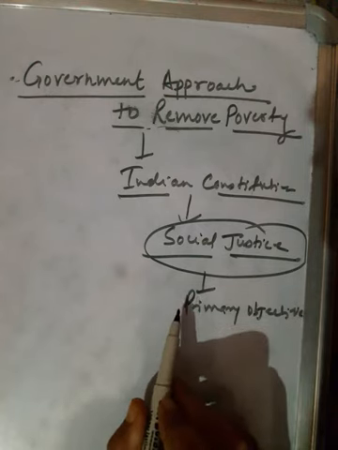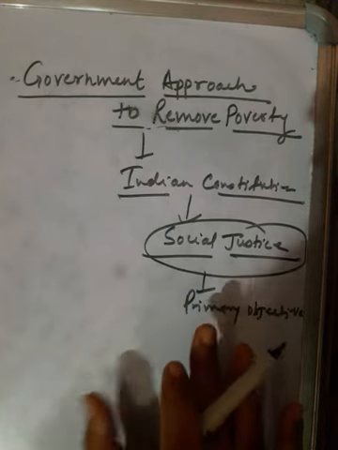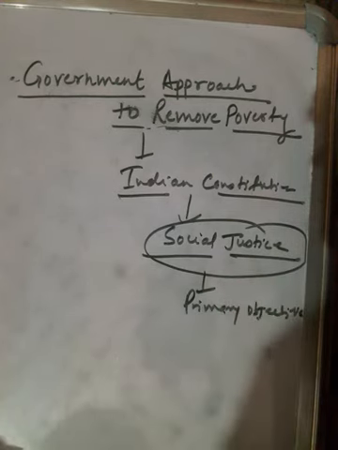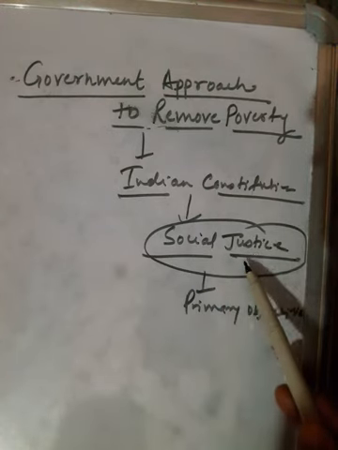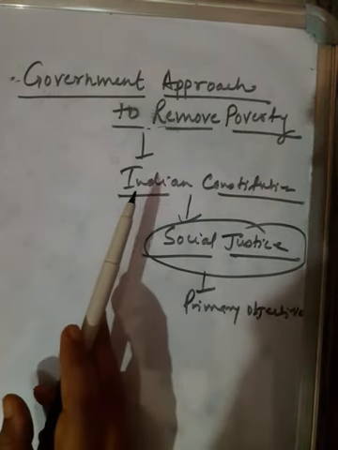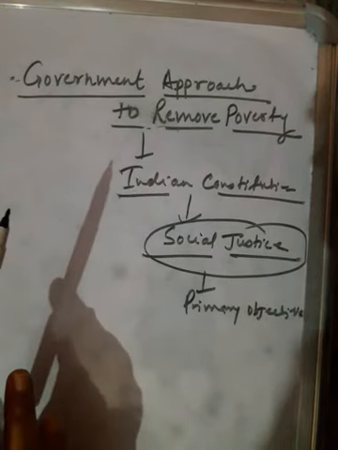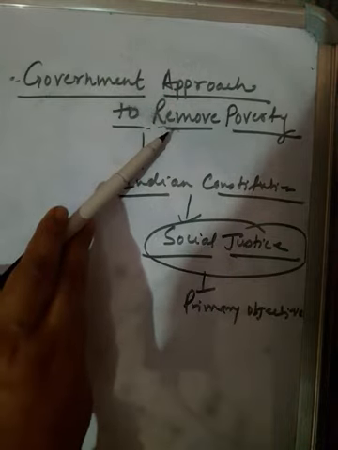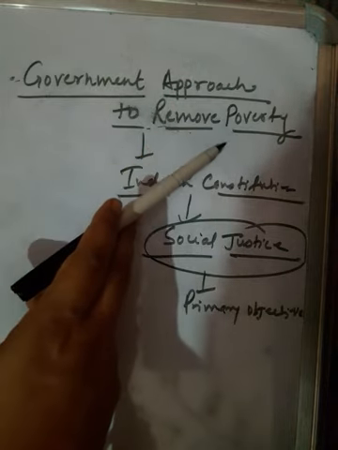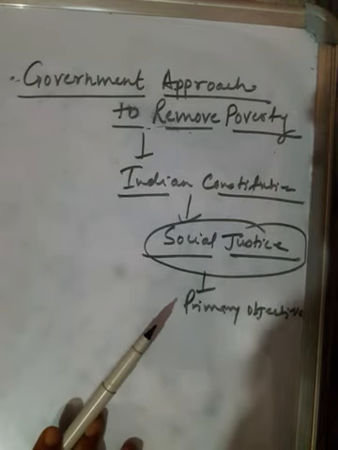When I discussed the five-year plans, I said that in every five-year plan and policy, maximum emphasis has been given to poverty alleviation, and the government has stressed the need for various strategies for removing poverty in our country.